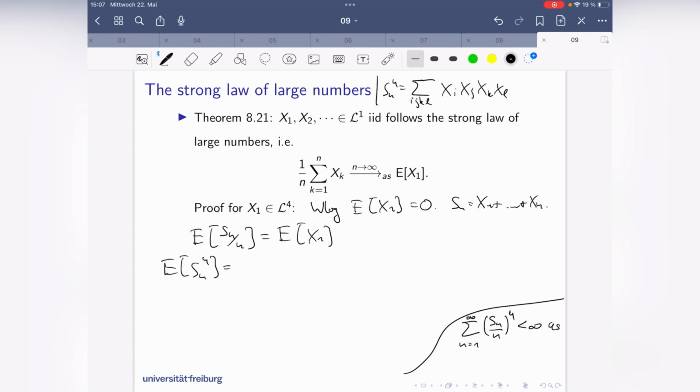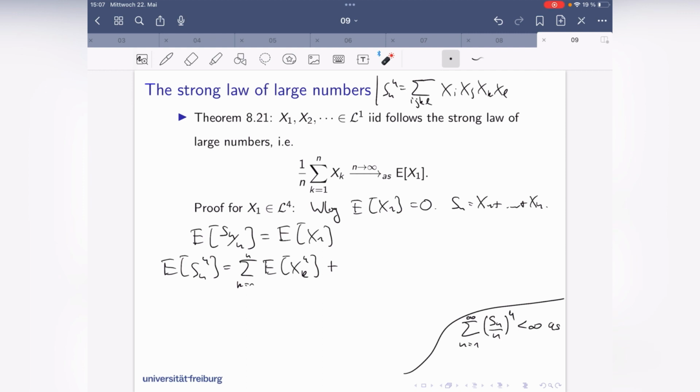And I have to ask myself what stays. So we just said k from 1 to n, expectation of xk to the power of 4. And that already means we need this L4 bit here. Yes, so that already makes sense. But more is true. What else stays here?